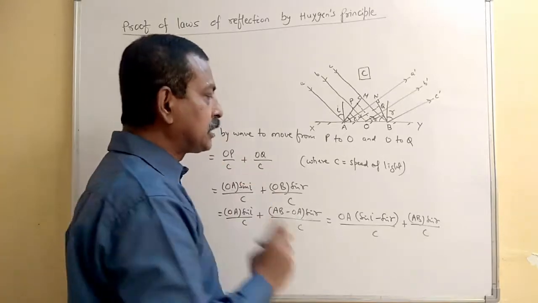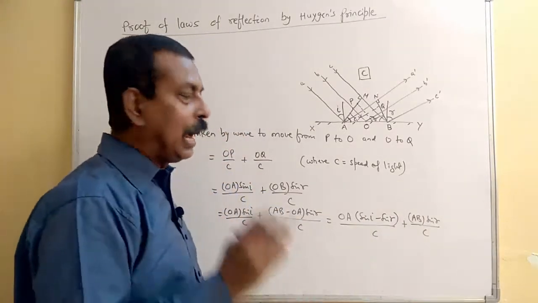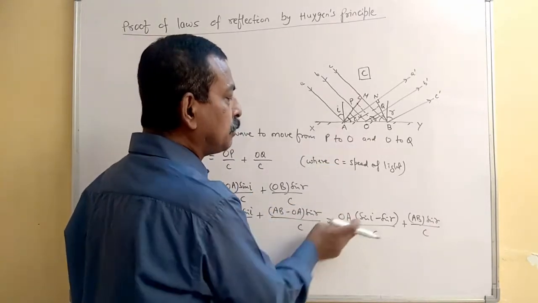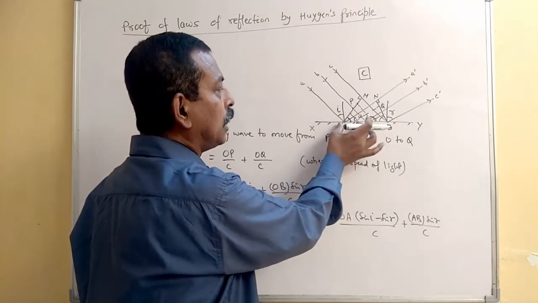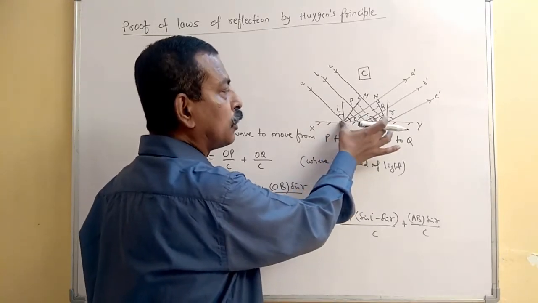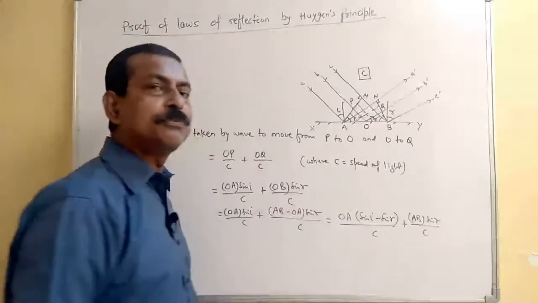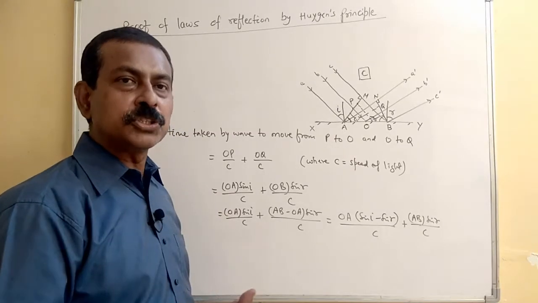And if it is same, that means this is a constant quantity. And this will be constant only if the variable term, which is the variable term here? OA. Because this particular is OA, for some other one it will be this particular distance, for other it will be like this. So this must be independent of OA. Then only it will be constant there.